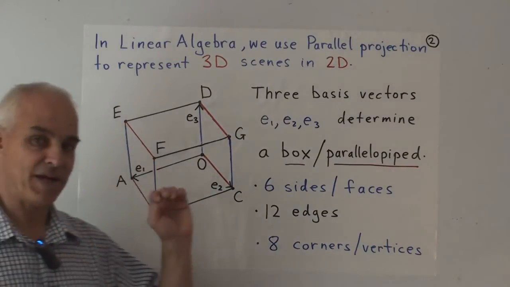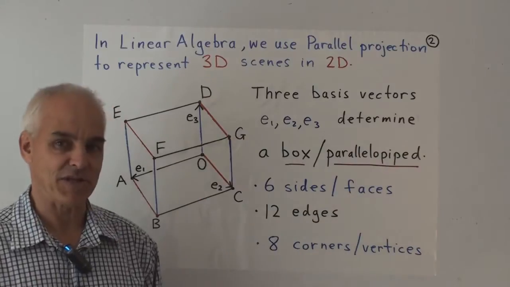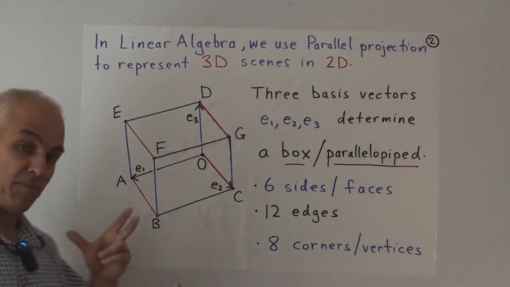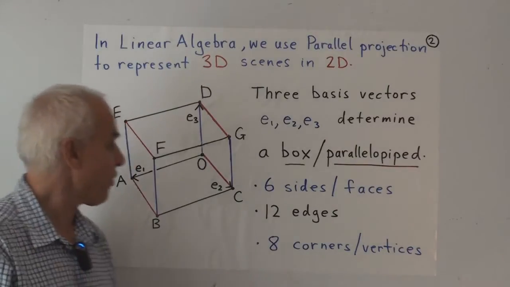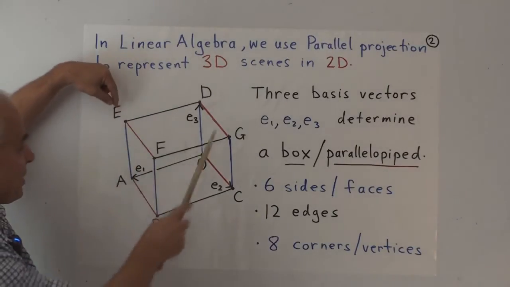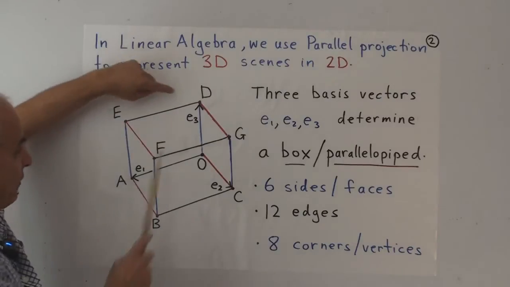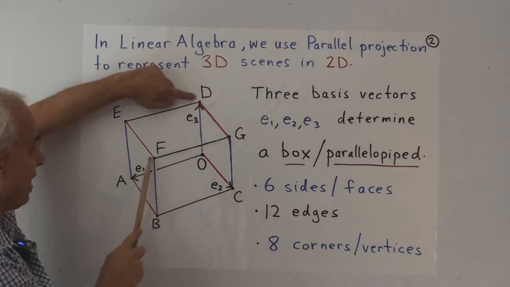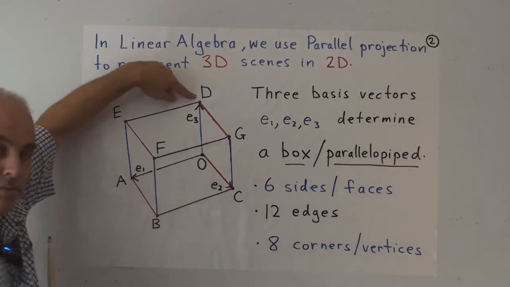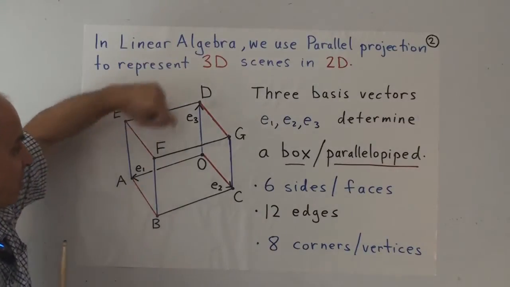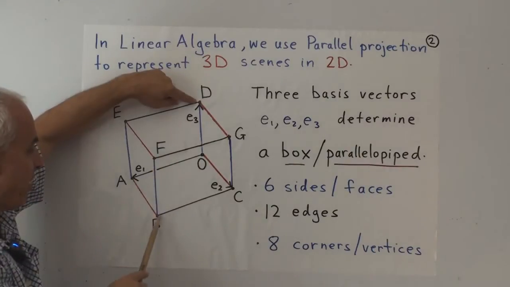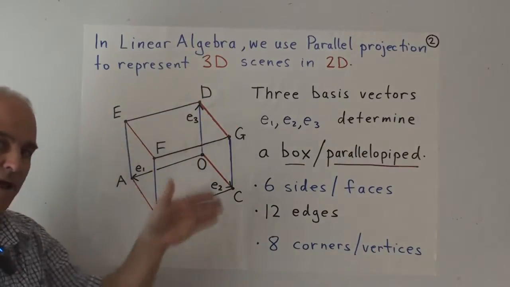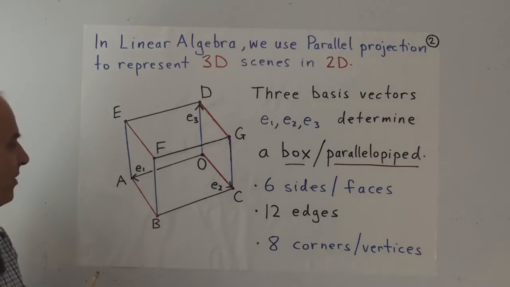Now there are actually some other interesting aspects to this parallelepiped. There are actually some other parallelograms and other lines floating around. For example, with this particular labeling that I've got here, if you look at the points D, F, B, and O, that's also a parallelogram. We're talking about this parallelogram right here. It's a kind of a diagonal parallelogram for the parallelepiped.